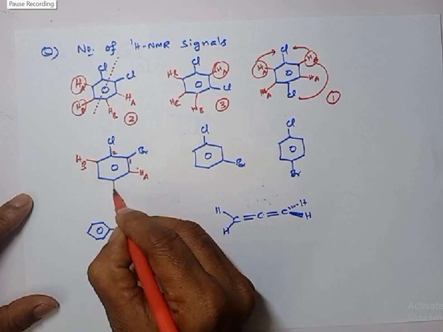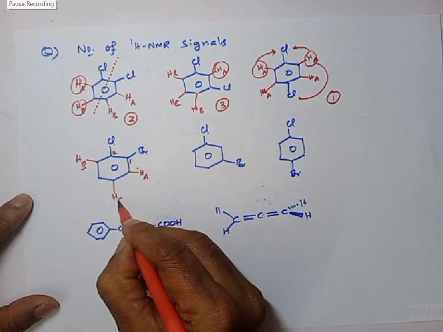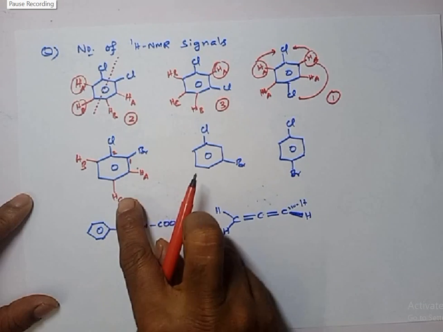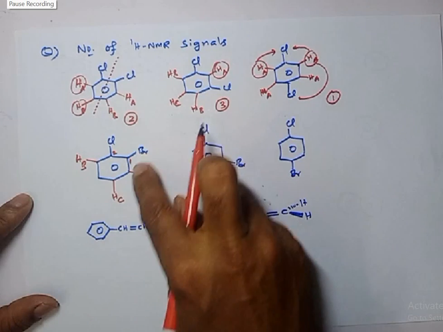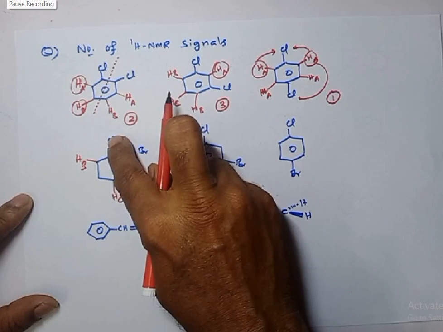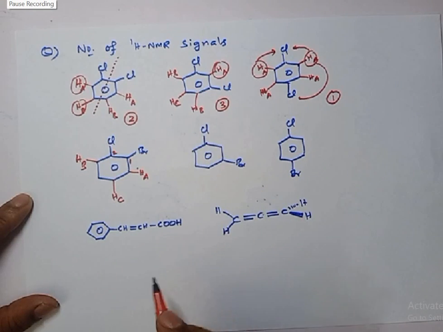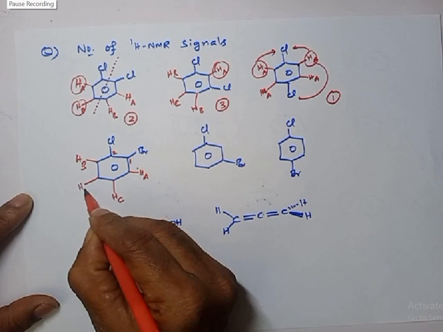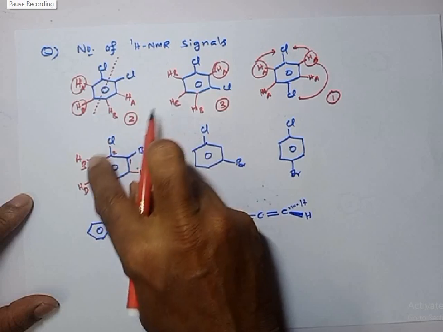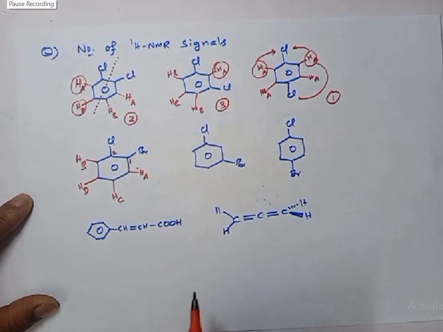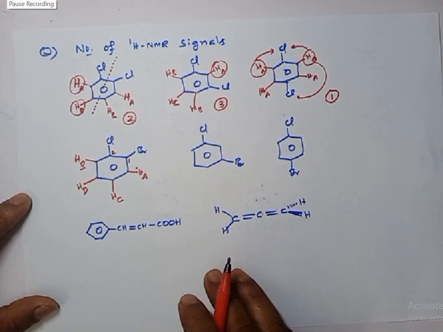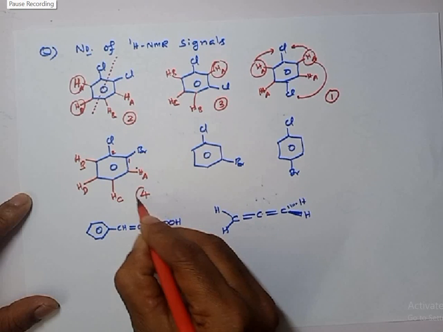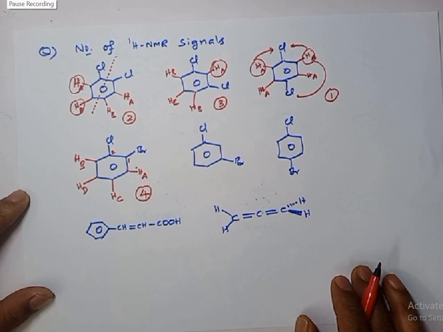Similarly, let me take this HC. This hydrogen is meta to bromine and para to the chlorine. So this hydrogen is in one environment, whereas for the other hydrogen, the chlorine is meta and the bromine is para. So all four hydrogens are different here, so we get four signals for this compound.